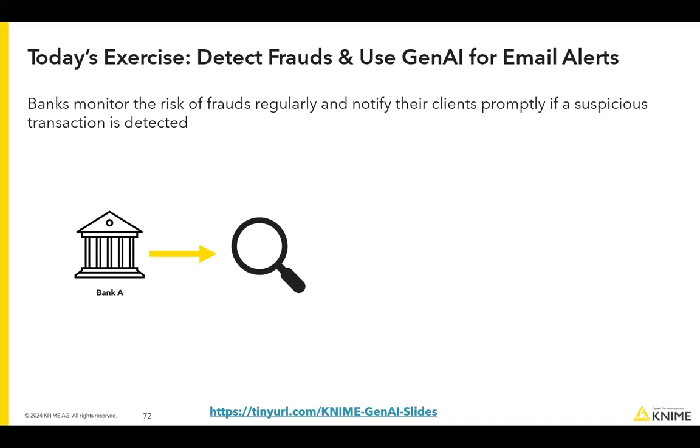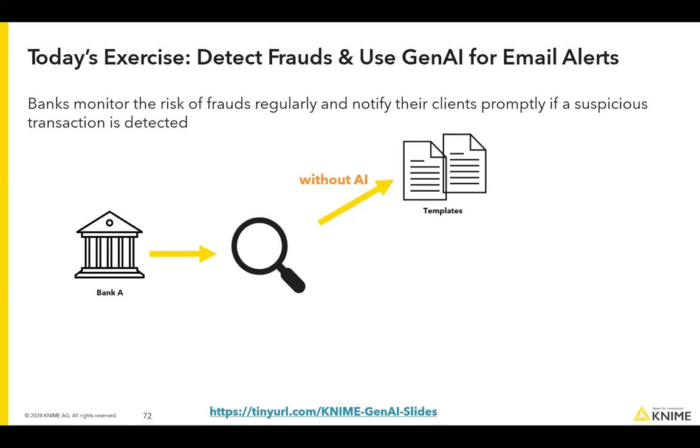So the idea is that there is a bank A that identifies some fraud. Before we had AI, banks usually used templates, especially if they had a customer base that spoke many different languages. They had a template for English, one for French, and so on.